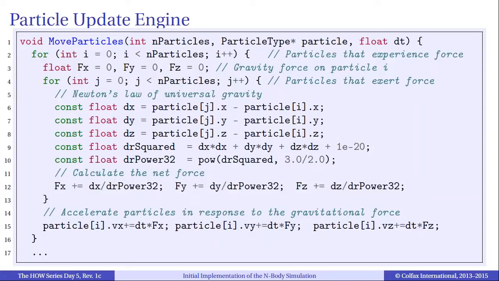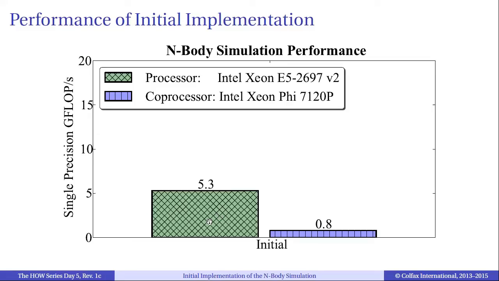So not too bad, possibly not as good as I would need to simulate the formation of a galaxy, but fine for our purposes. Let's see where we get with performance.